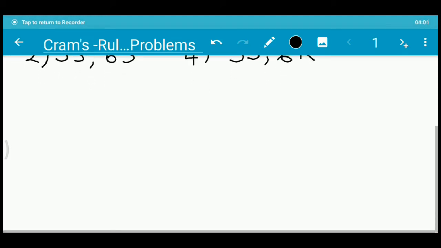Now, how to proceed in this problem? Now let us take the help of Cram's model.